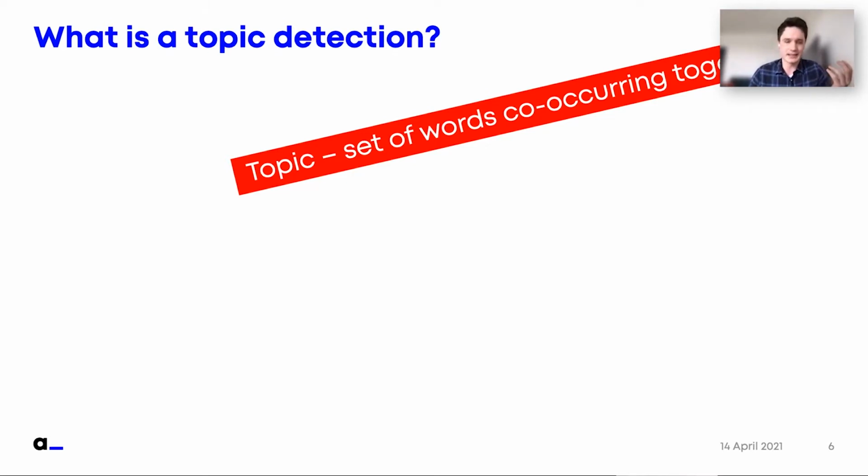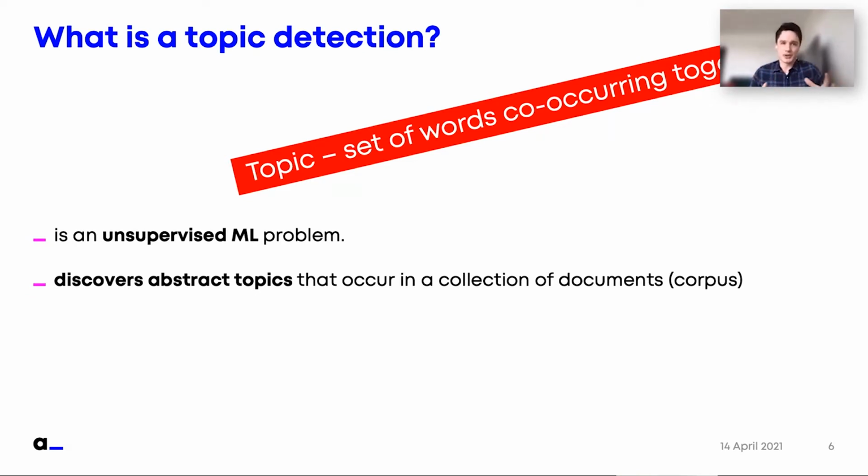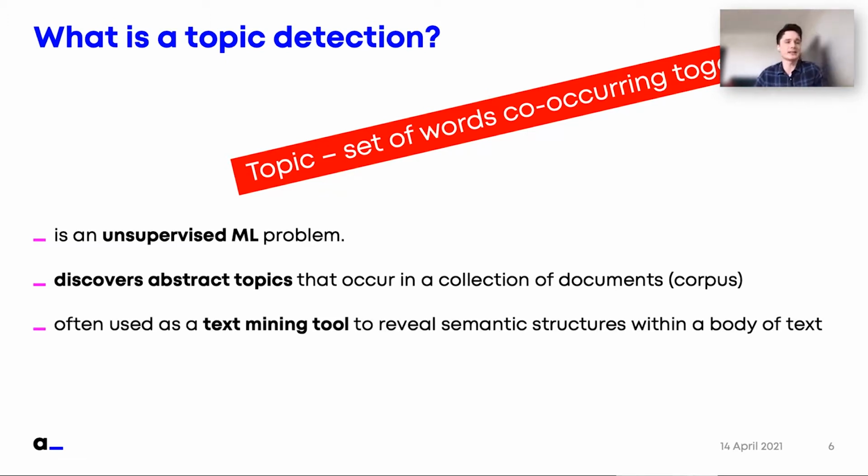And topic detection is an unsupervised machine learning problem. It discovers abstract topics that occur in a collection of documents, which we call a corpus. And it is often used as a text mining tool to reveal semantic structure within a body of text.